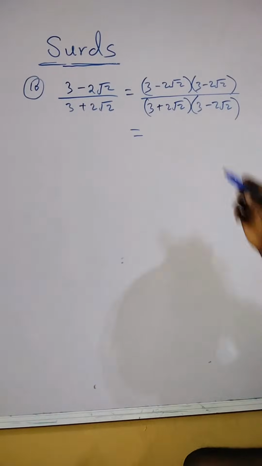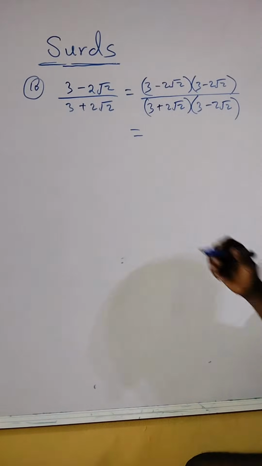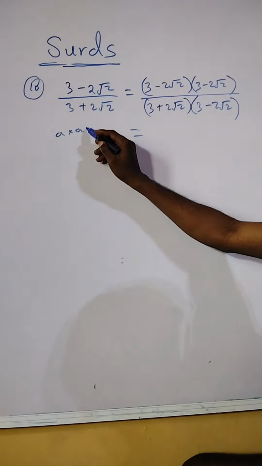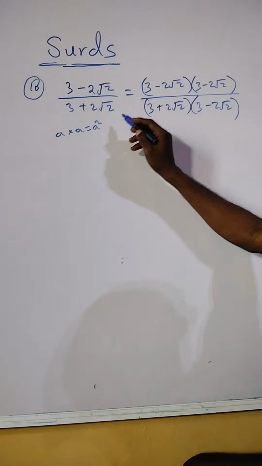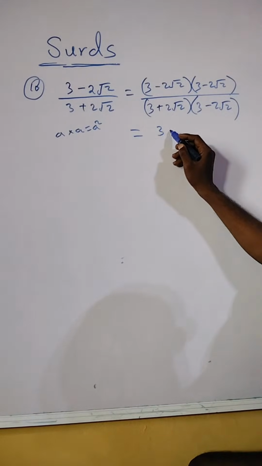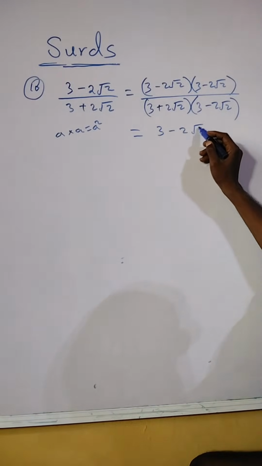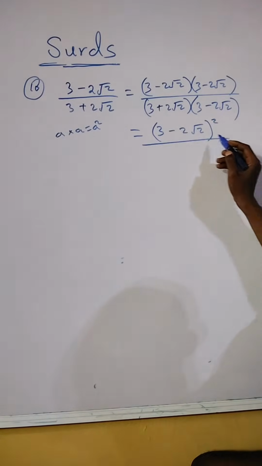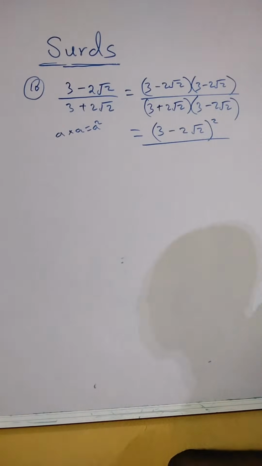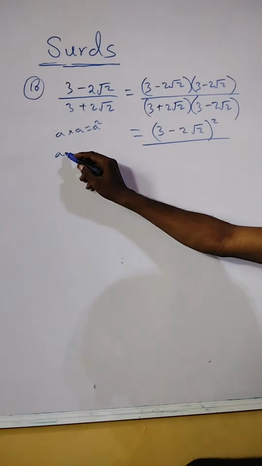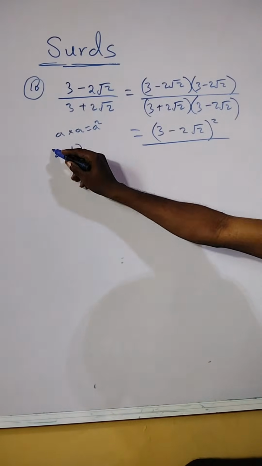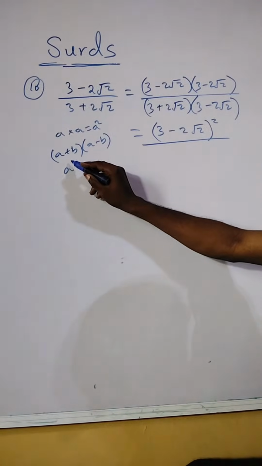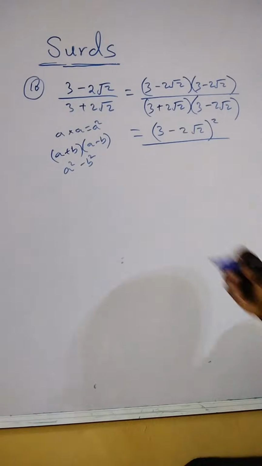Then up here, you have the same thing inside that bracket. When the same thing is multiplied, like a times a, you can express it as a squared. Also, here we can express it as 3 minus 2 root 2 all squared. Then divided by, this also follows the difference of two squares: when we have (a plus b)(a minus b), this is a square minus b square.